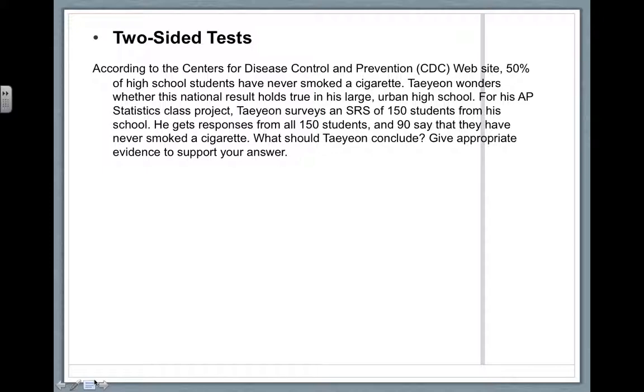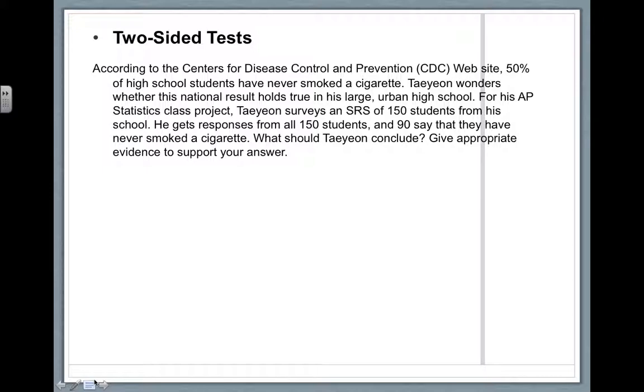Okay, let's take a quick look at a two-sided example and then be done with this video. So according to the Centers for Disease Control and Prevention website, 50% of high school students have never smoked a cigarette. Tyon wonders whether the national result holds true in his large urban high school.